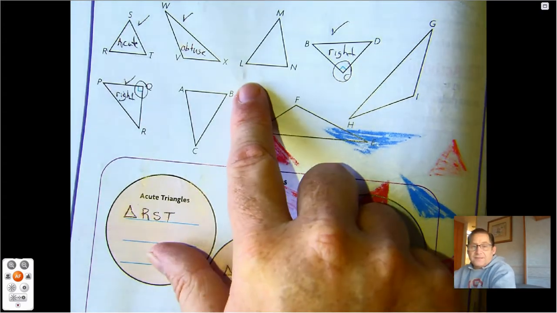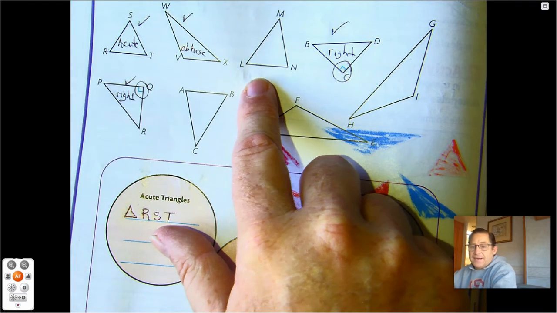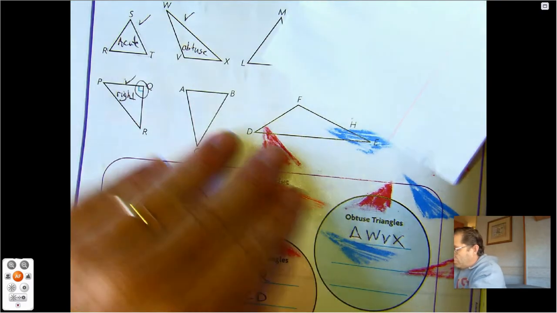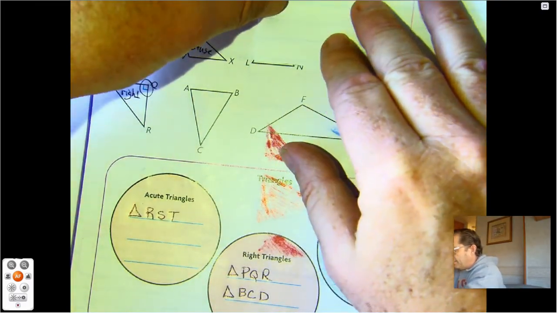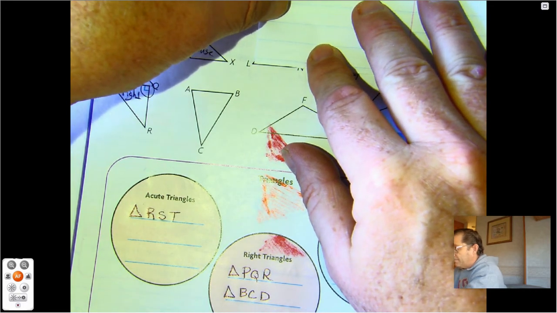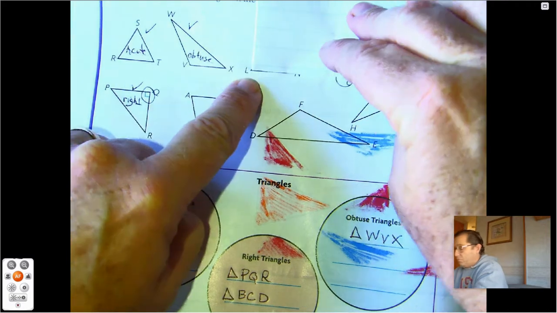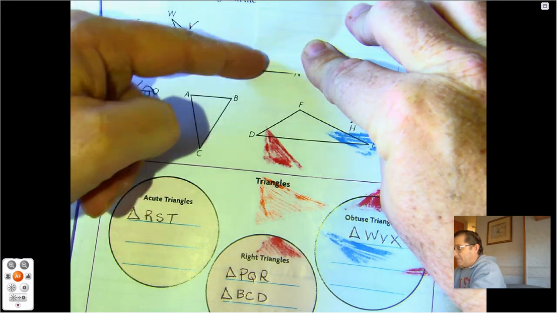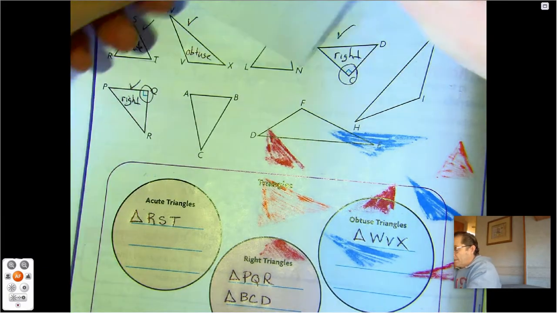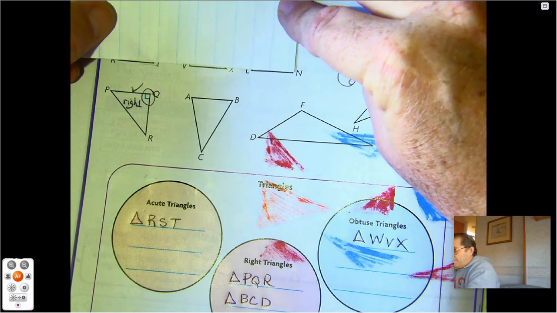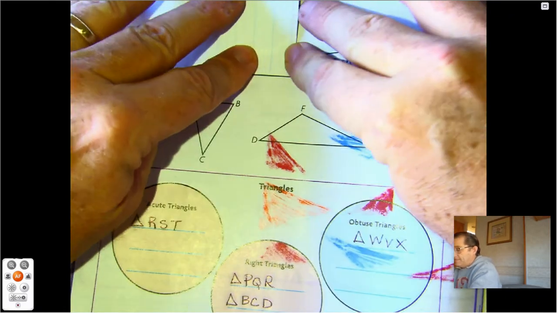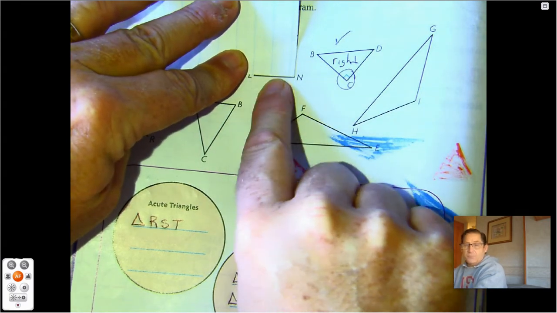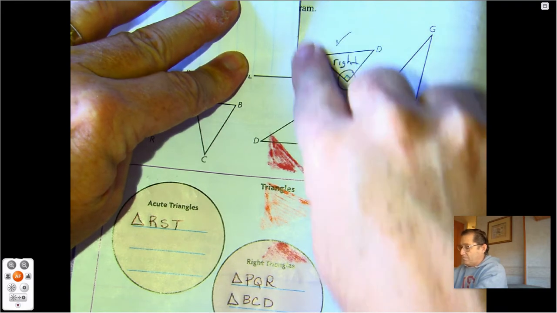All right, what would be your guess on this one? I think it is more than likely an acute triangle. Let's verify. So if we line up the vertex of the corner of my paper with this angle, you notice that we do not see this ray. So this angle is acute. If I line up the vertex of angle N, I can see the edge that I've lined up with, but I don't see this ray.